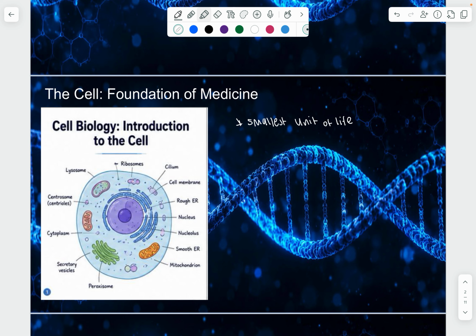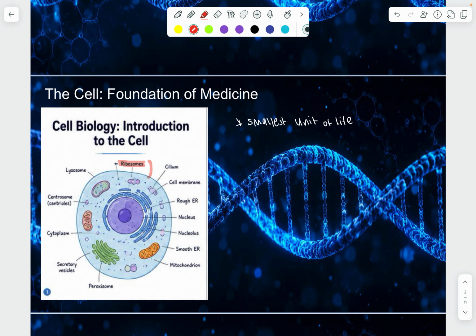What's important to recognize is that the cell has components within it. These components in and of themselves are not what make up the smallest component of a living organism. Meaning, if I were to look at just the ribosome, a ribosome in itself does not make the smallest component of a living organism.